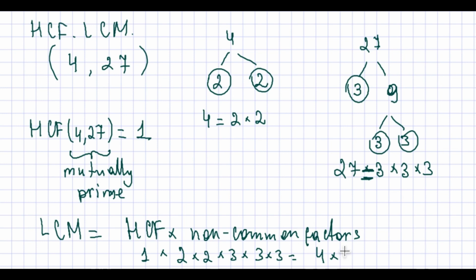As we see, it is 4 times 27. So we can say that if two numbers are mutually prime, meaning they don't have any common factor except 1, their LCM is their product.